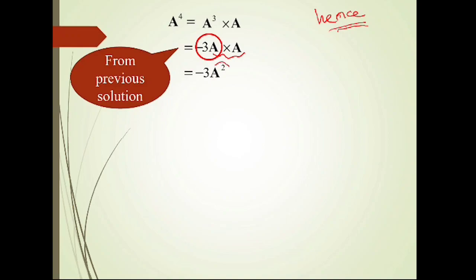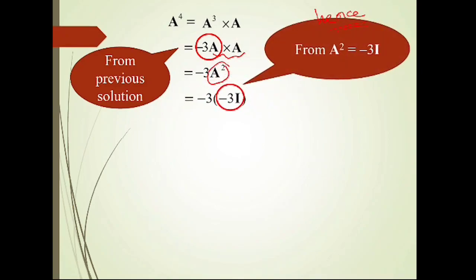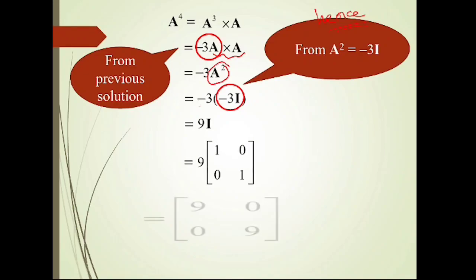And we also know the answer for A squared from the previous solution, which is negative 3I. Substitute it in, multiply negative 3 with negative 3, and the answer is 9I. Substitute your identity matrix and put the scalar in. That's your answer for A power 4 matrix.